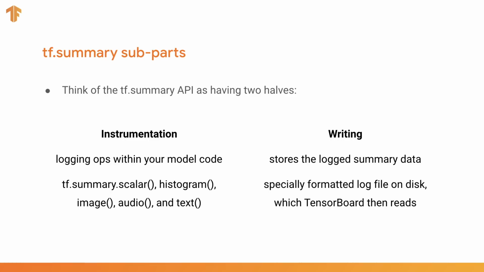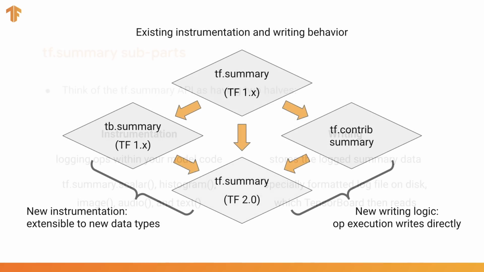And then the other half of the Summary API is about writing that log data to disk and creating the specially formatted log file, which TensorBoard can read and extract the data from. And just to give a sense of how those relate to the different versions, there are 4 variations of the Summary API from TF 1.x to 2.0. And the 2 key dimensions on which they vary are the instrumentation side and the writing side. And we'll go into this in more detail.